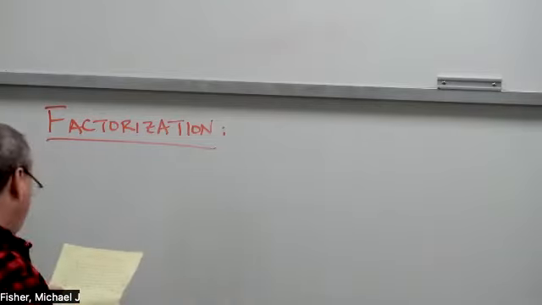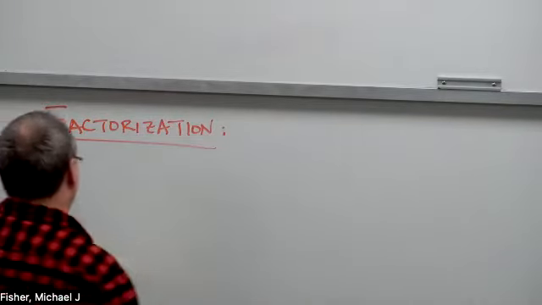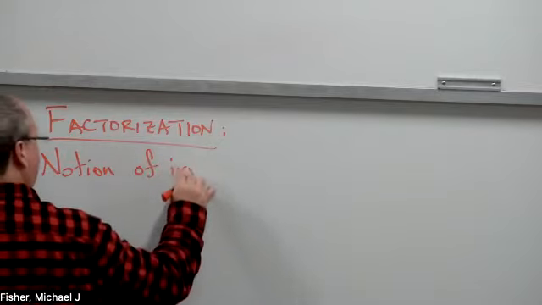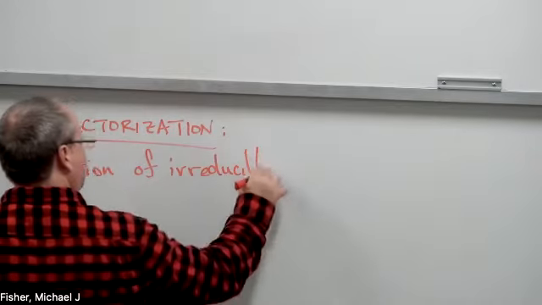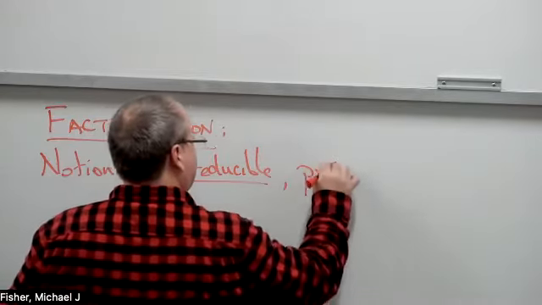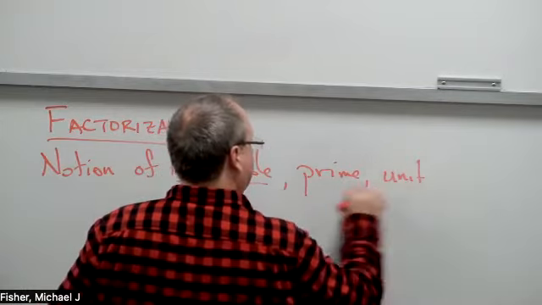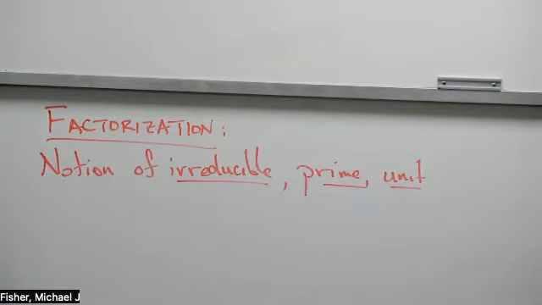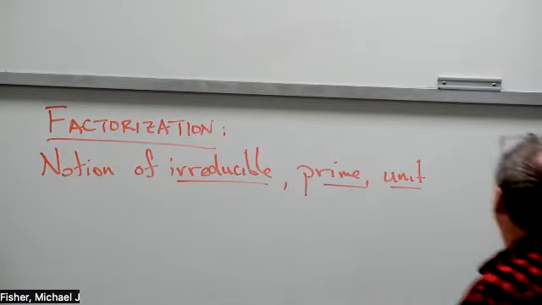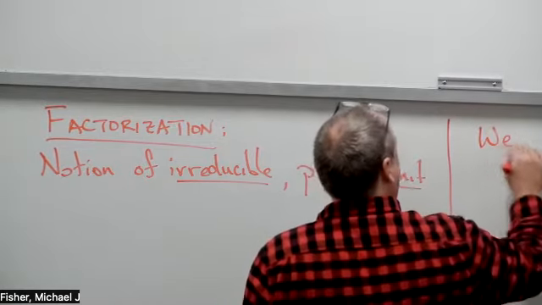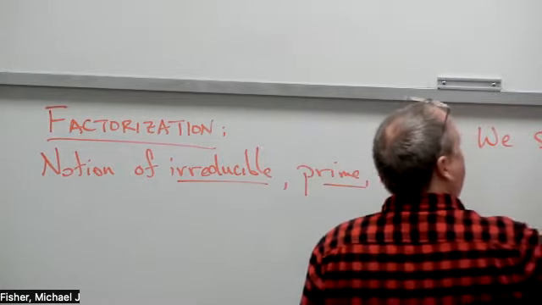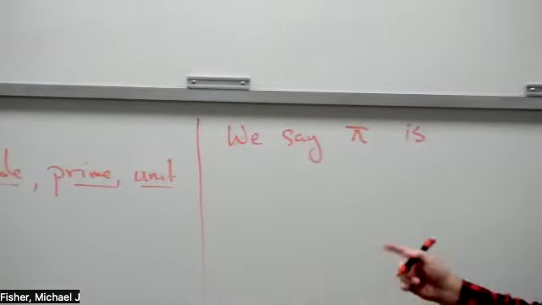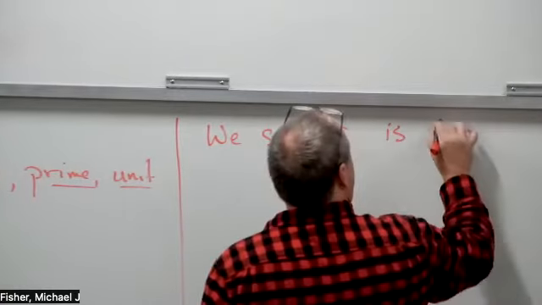So important in this is the notion of irreducible, prime, and unit. These are three important notions, right? We say pi, and I'm not going to specify whether this is a ring or a monoid because the definition is essentially the same, is irreducible.